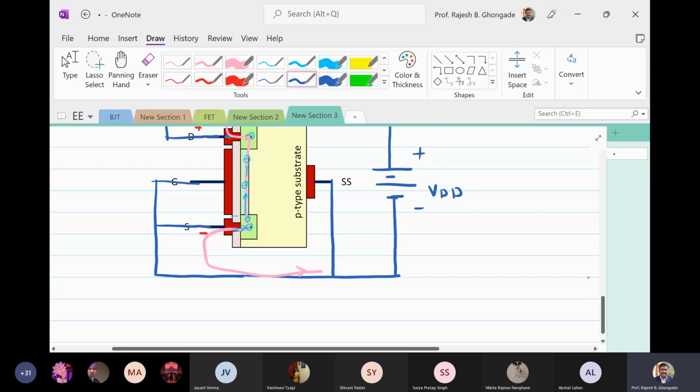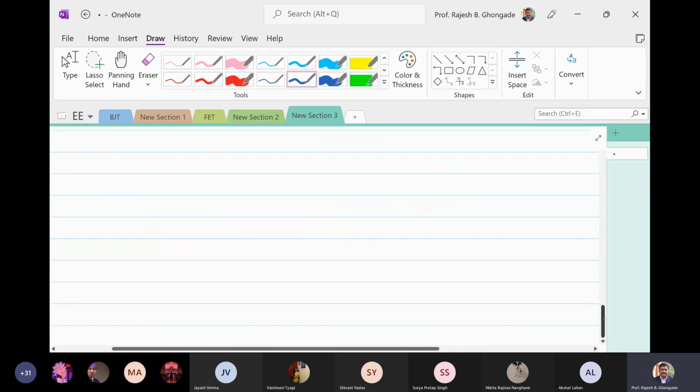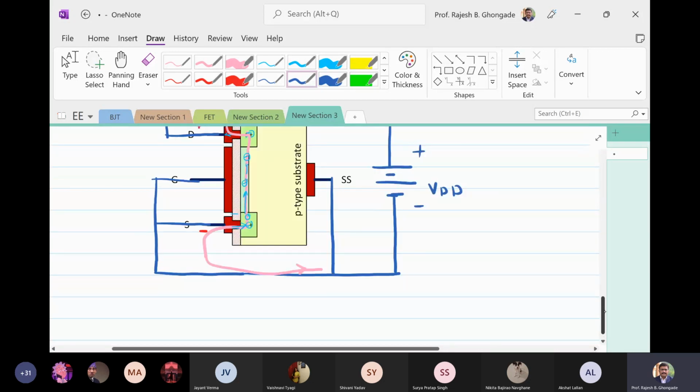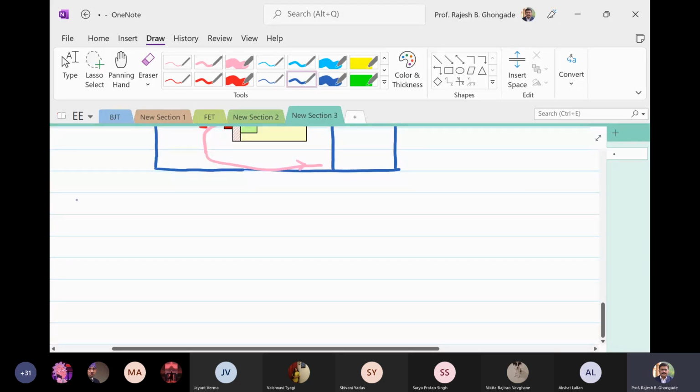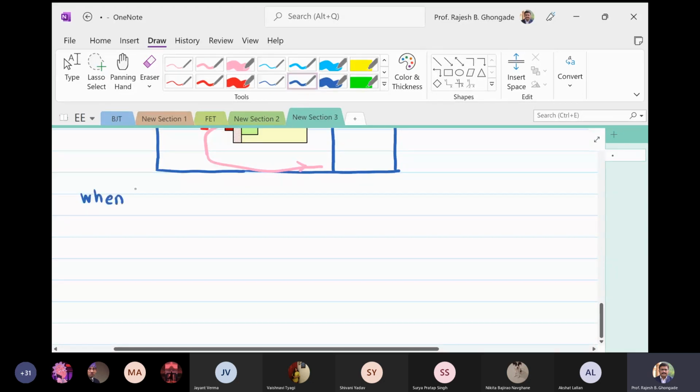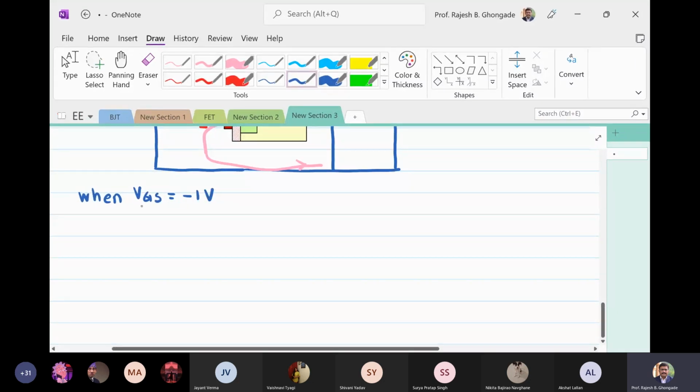Now, when VGS is set at a negative voltage, say -1 volt, तब क्या होगा? Let us see. When VGS becomes -1 volt, तब क्या होगा देखते हैं. Let me pull the figure again.